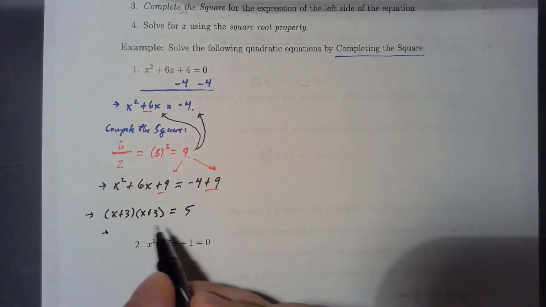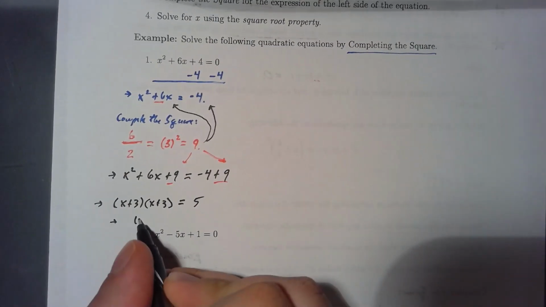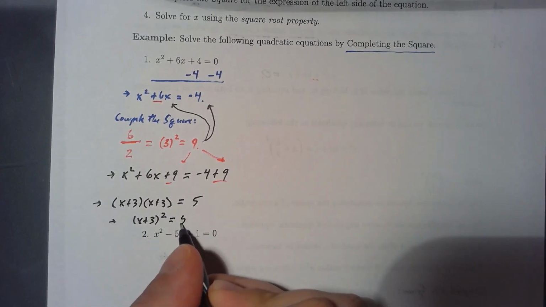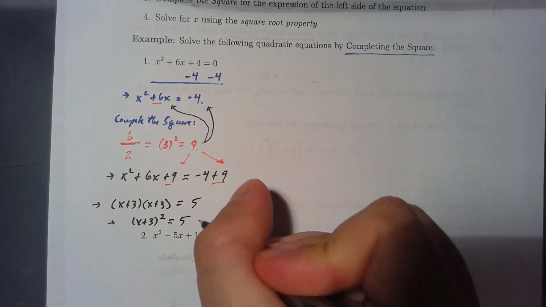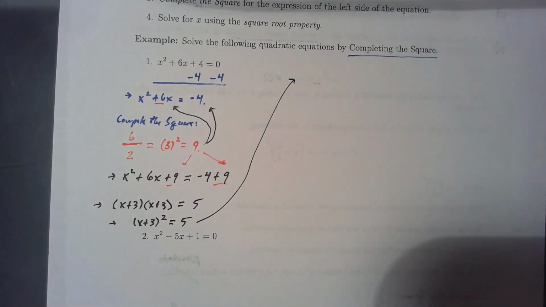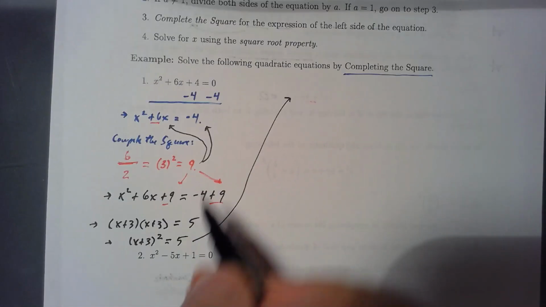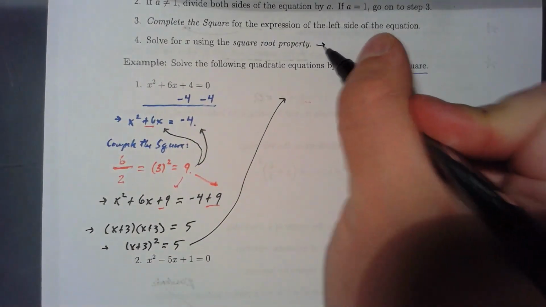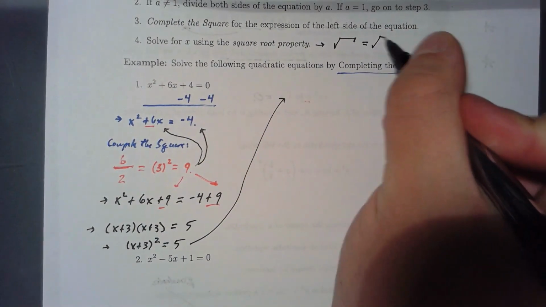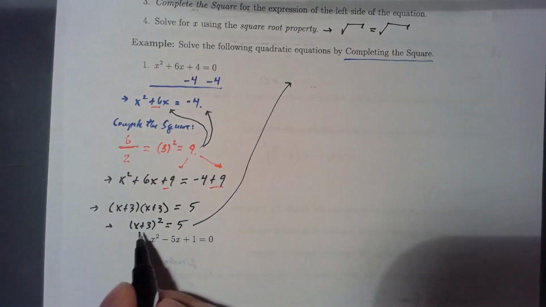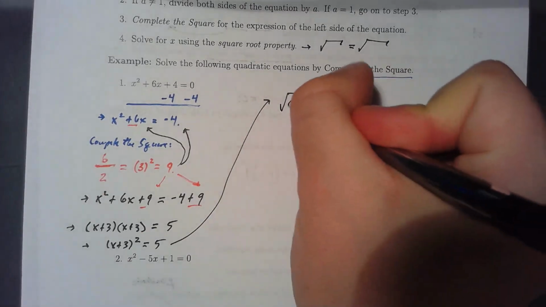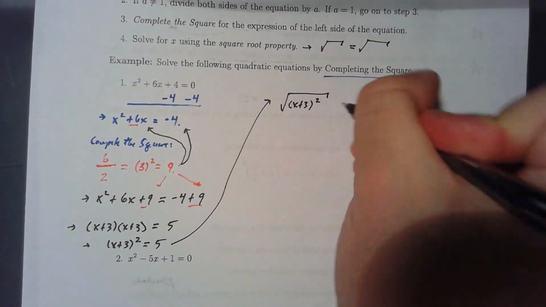And now you could rewrite the left-hand side as x plus 3 quantity squared equals 5. Now that I have this, I could solve for x using the square root property, which means you just take the square root of both sides. That's what I'm going to do here. So you're going to take the square root of x plus 3 quantity squared.